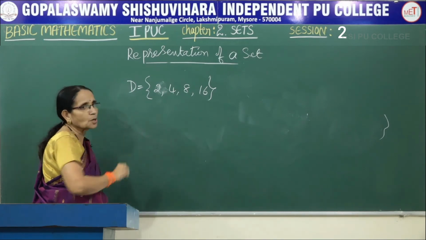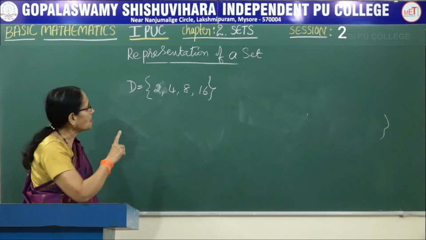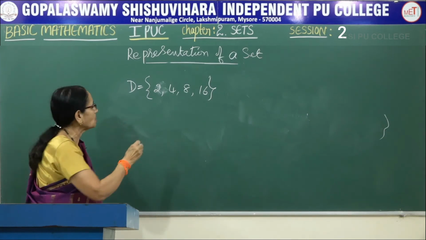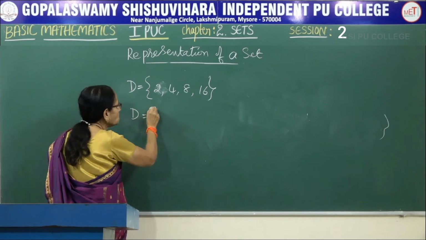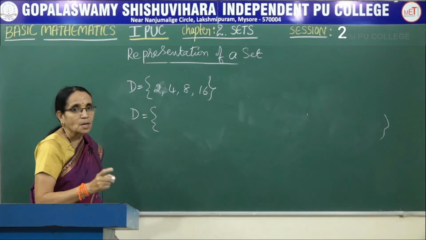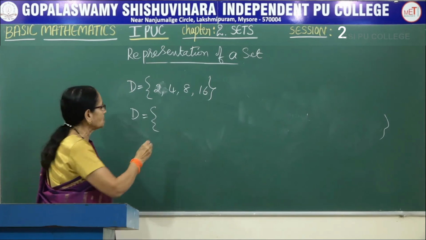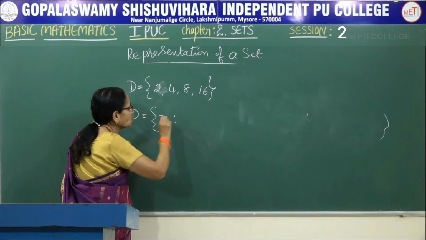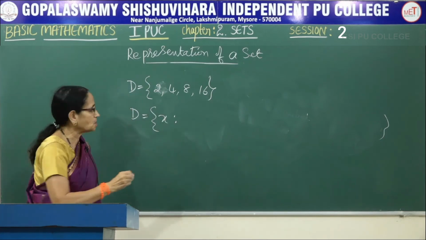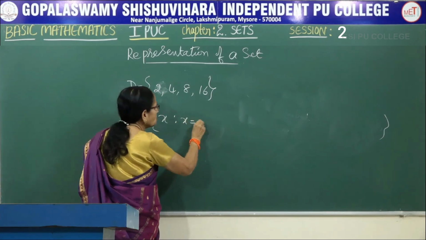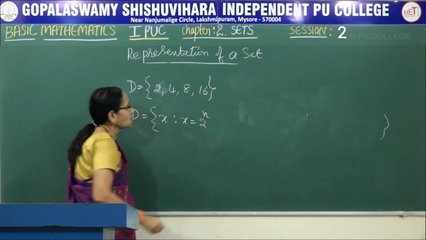So these are the actual elements. I am writing that in the roster form or the tabular form. Suppose I want to express it in the set builder form or the rule method. D contains all x such that x is equal to 2 to the power n.